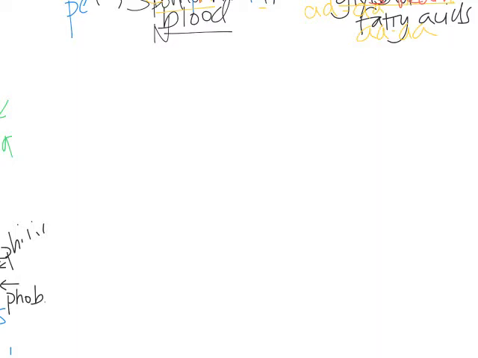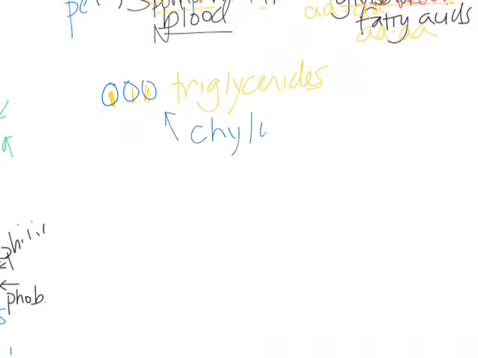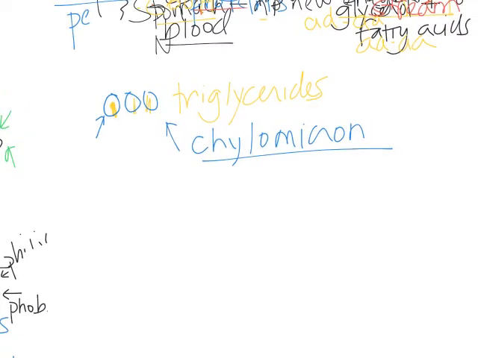Let's make the triglycerides yellow. These are triglycerides, and what we do is we cover them with protein. These are called a chylomicron.